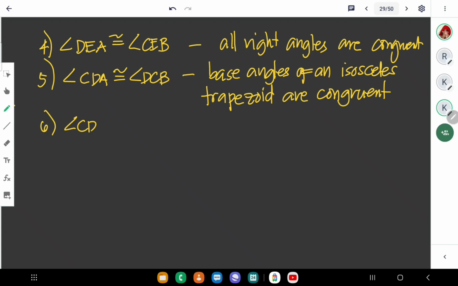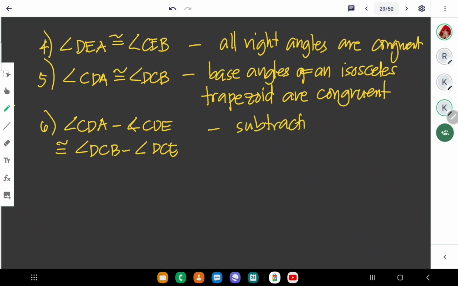Yes, I'm still here. Are you in the live board? Okay, angle CDA minus angle CDE is congruent to angle DCB minus angle DCE. You can say subtraction postulate.